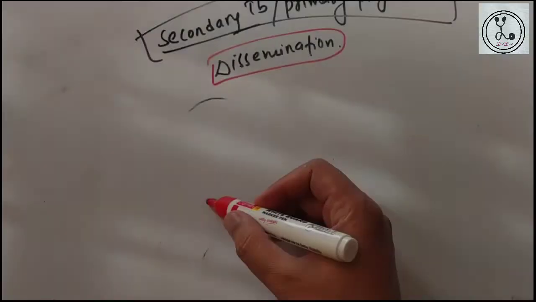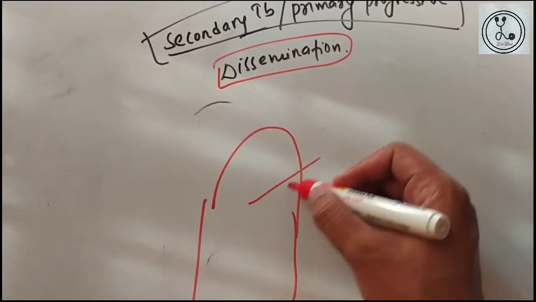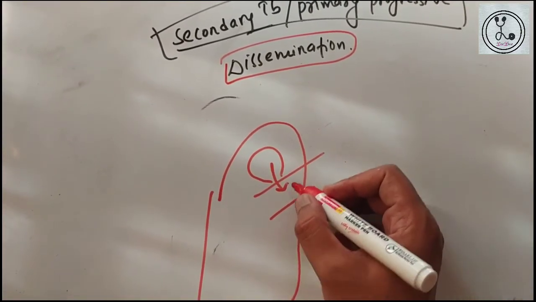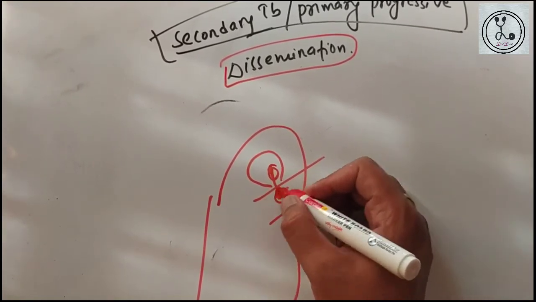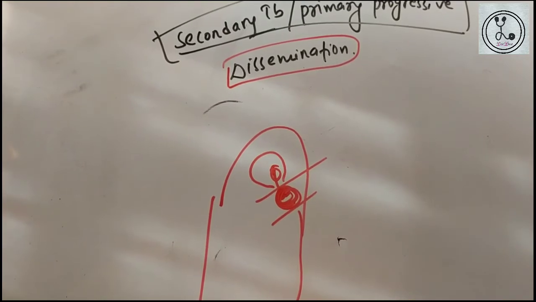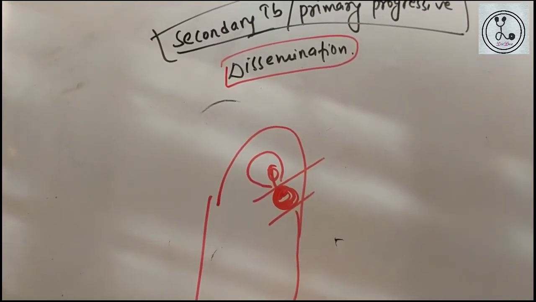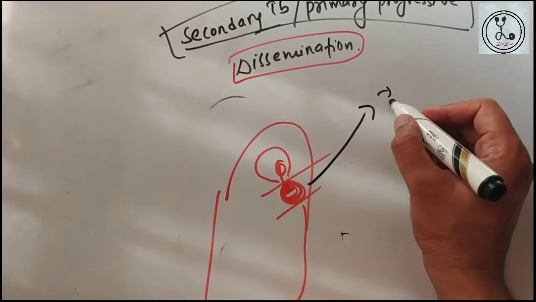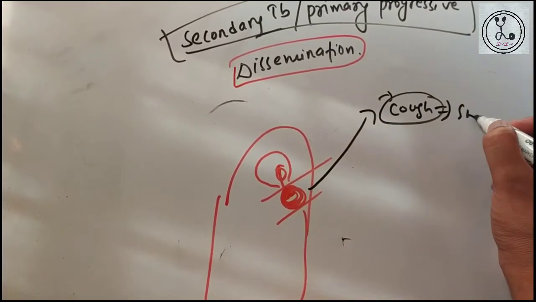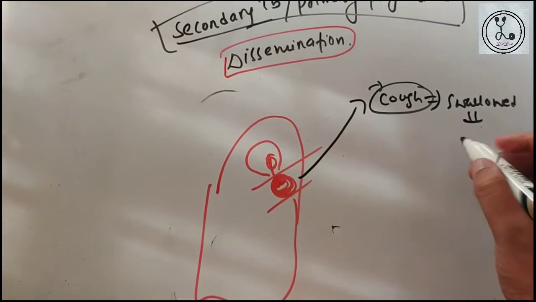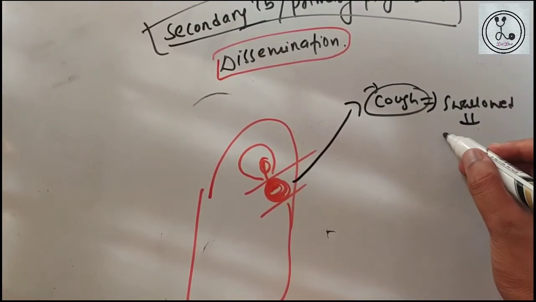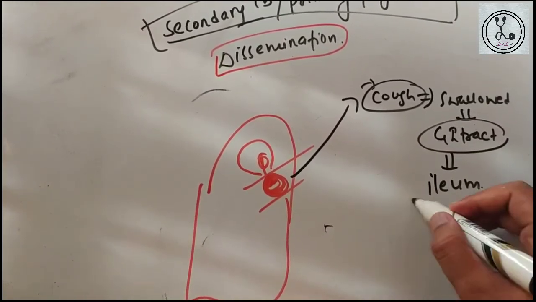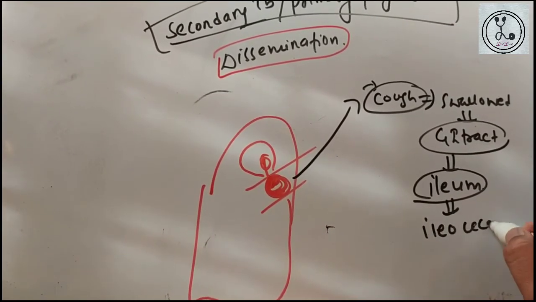But in case the lesion is involving the bronchus or airway, then the bacteria along with the sputum get coughed out, and if the sputum is swallowed, the bacteria along with the sputum will go into the GI tract, where they will basically affect the ileum, especially at the ileocecal junction.